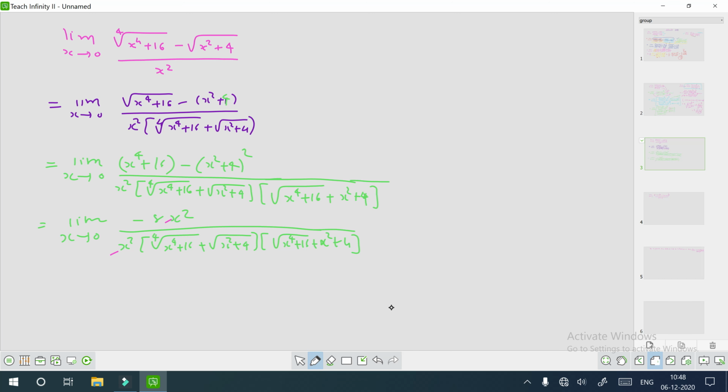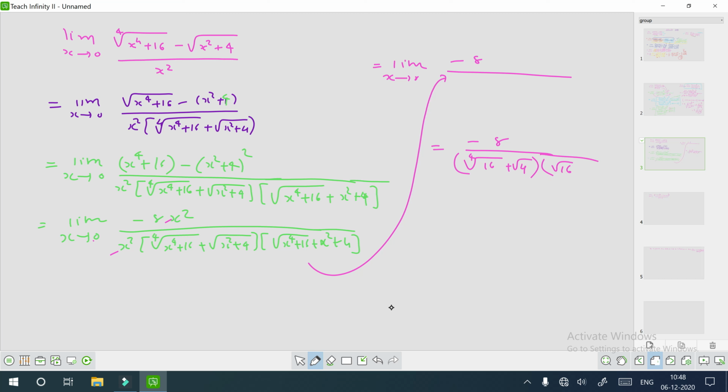What we get is limit x tends to 0 of minus 8 over this quantity here. So that is equal to minus 8 over, put the limit x tends to 0 here: fourth root of 16 plus square root of 4, into the second bracket, square root of 16.